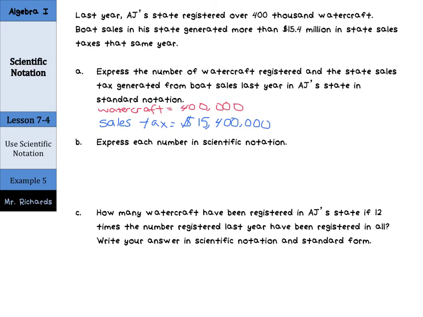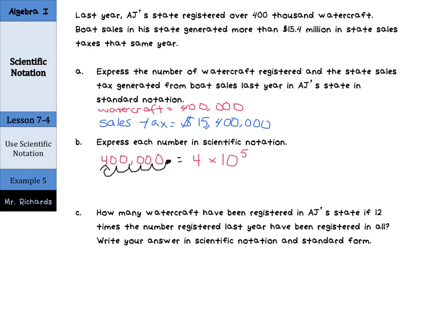And getting these numbers into scientific notation, let's deal with the watercraft first. The 400,000, right now our decimal point's there. And we're going to move it over once, twice, 3, 4, 5 times. So this is going to become 4 times 10 to the 5th.